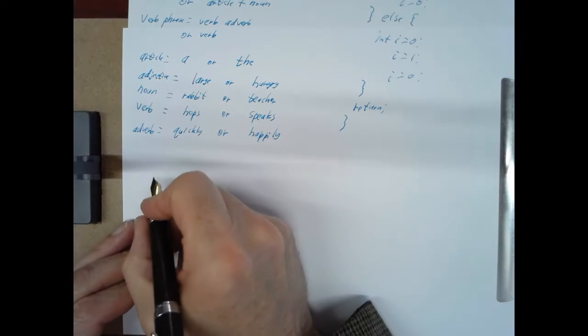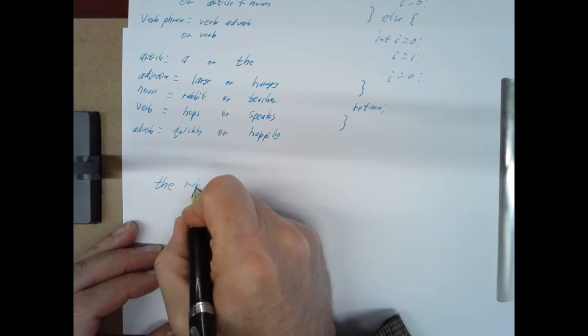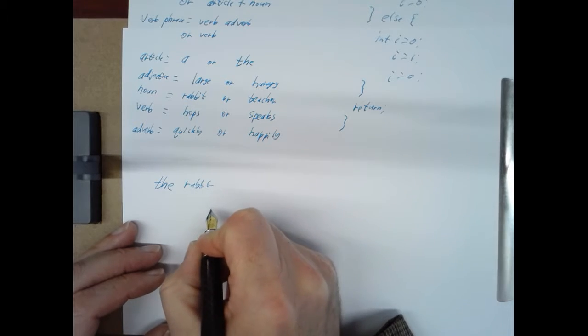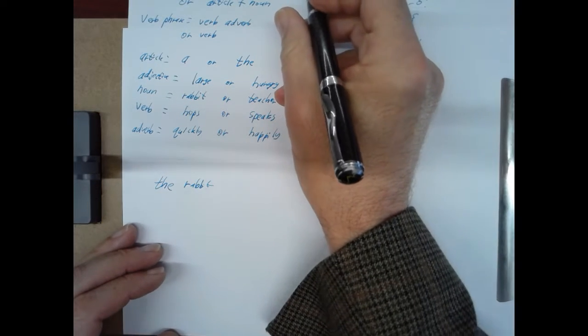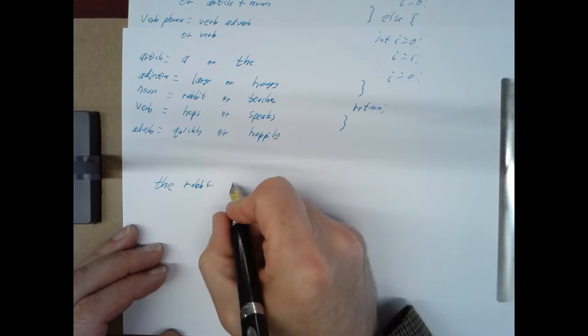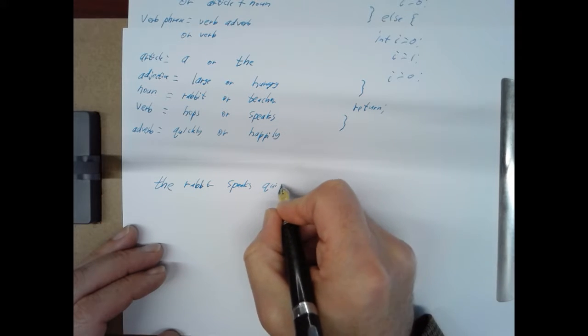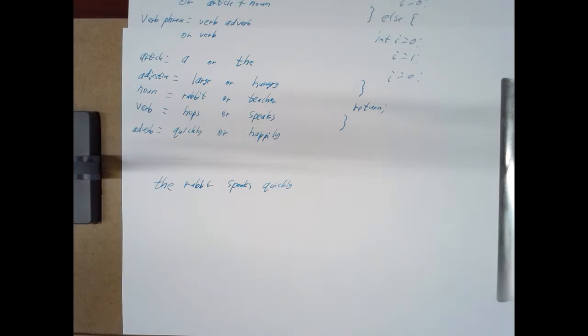So article will be the, and let's say noun is a rabbit. So that's a noun phrase, and then we need a verb phrase. So let's do a verb and an adverb. Let's say speaks, and our adverb will be quickly. So that's a valid sentence according to this structure. The rabbit speaks quickly.